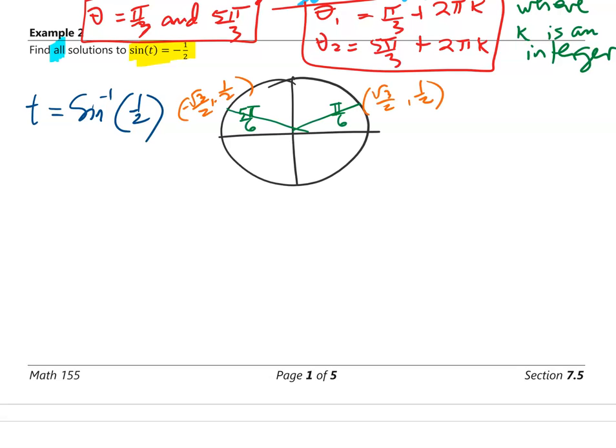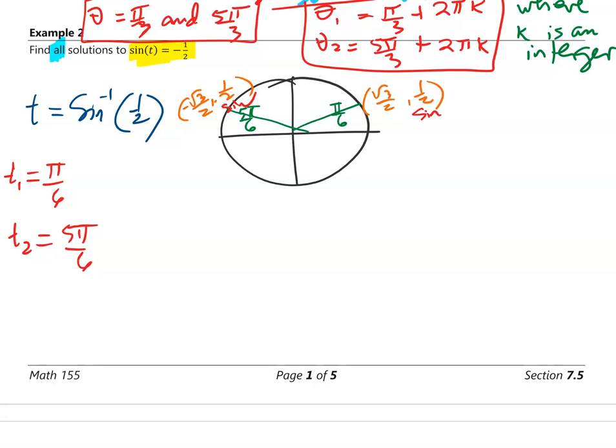In a unit circle, pi over 6 and 5 pi over 6, that is where sine is positive 1/2. So that's why our answers t1 is pi over 6 and 5 pi over 6.